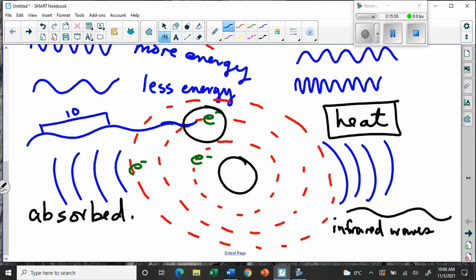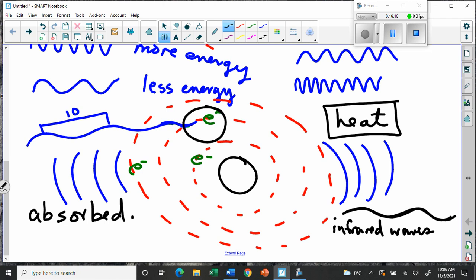But it's also possible for the waves to hit the atom and not make any electrons jump across levels. What happens is the electrons wiggle a little more, but it's not enough to move to a higher level, and their little bit of wiggle produces an infrared wave, which we cannot see.